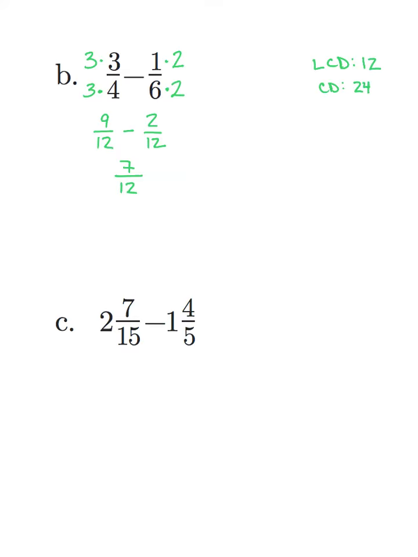You can always go ahead and multiply the denominators together and you will have a common denominator. Let's go ahead and look at this problem again, but this time let's use the common denominator of 24. In order to get from 4 to 24, I want to multiply by 6.